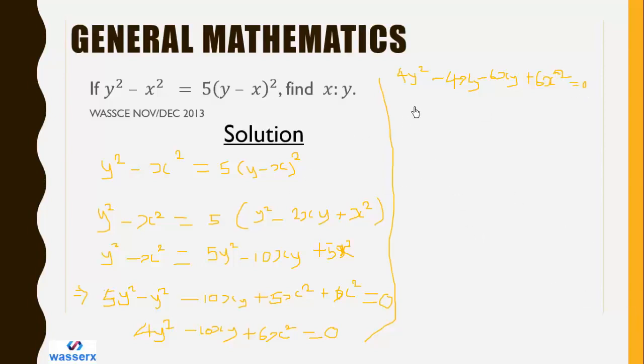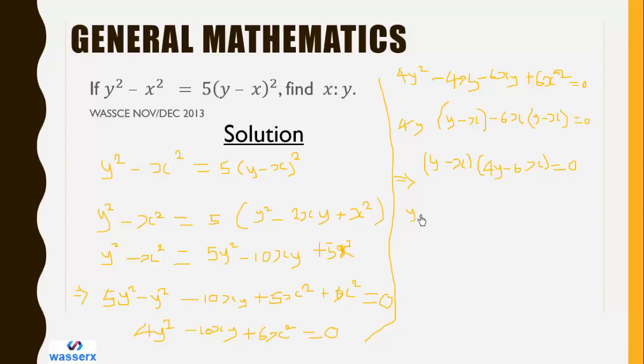So we split the middle term. So we factor 4y out of the first two terms to obtain 4y into y minus x. Then factor minus 6x out to obtain y minus x is equal to 0. So we factor further to obtain y minus x into 4y minus 6x is equal to 0.